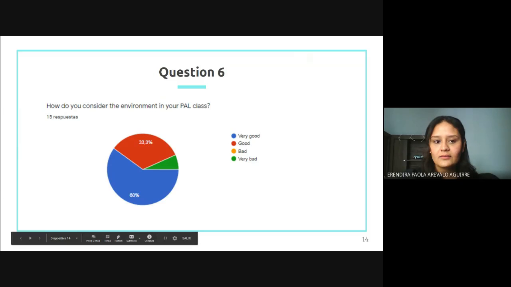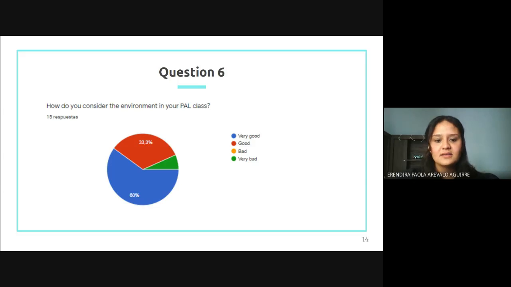Okay, perfect. So as far as this question, it's how do you consider the environment in your PAL class? The objective of this question was to know how the students feel in their actual learning environment. And as expected, the students who considered the environment was good were the same ones who would continue to take online classes.